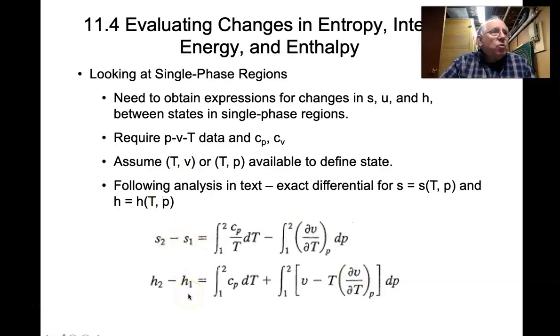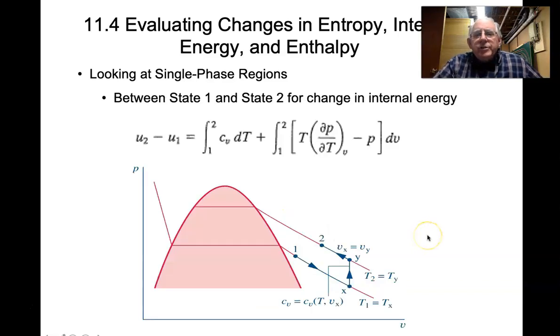Let's say S1 and H1 are some reference point in the single phase region. What would be the entropy or the enthalpy at any other place in that single phase region relative to that reference point? And so this is how one would establish that with this set of equations.